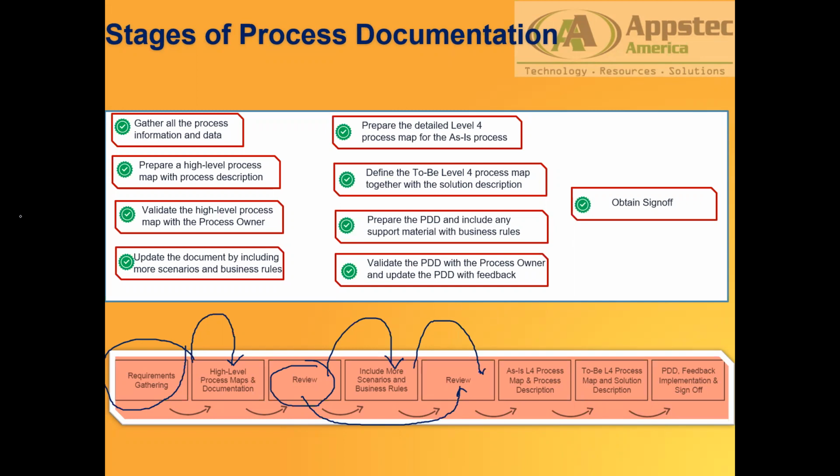Yeah. Then after my as is process solution is done, process map is done, review is done, I'm going to get into my to be process solutioning, for which I will also have my possible roadmaps. I will create my to be process solution of the as is process, and then finally I'm going to update my PDD. If there is any feedback, I'm going to update it. If there is any implementation document that needs to be created, I'm going to create it, and then finally I'm going to get the sign off.